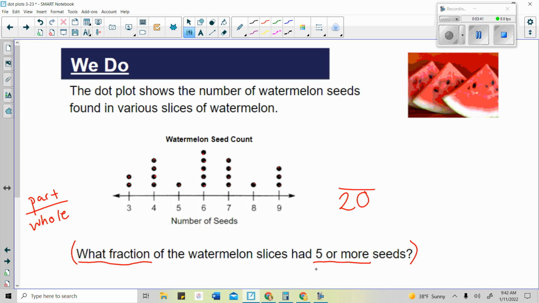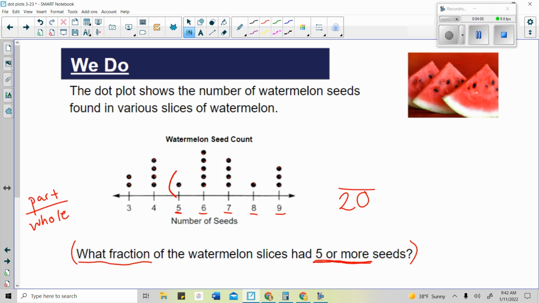Now I want you to pause the video, and on the number line, underline the numbers that are 5 or more. Then unpause the video. Okay, so 5 would be included, and then 6 is more, 7 is more, 8 is more, and 9 is more.